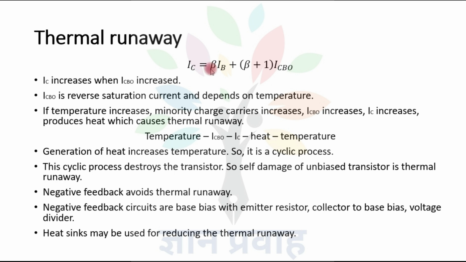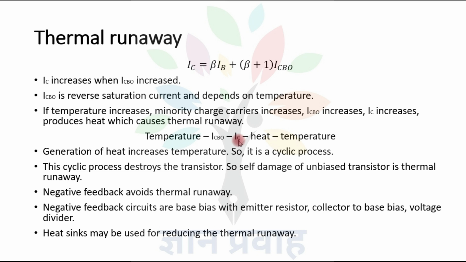If temperature increases, it causes a change in ICBO. ICBO is minority charge carrier current. So minority charge carrier current increases if temperature increases. When any change in ICBO occurs, it affects IC. If ICBO is increasing, it means IC is also increasing.